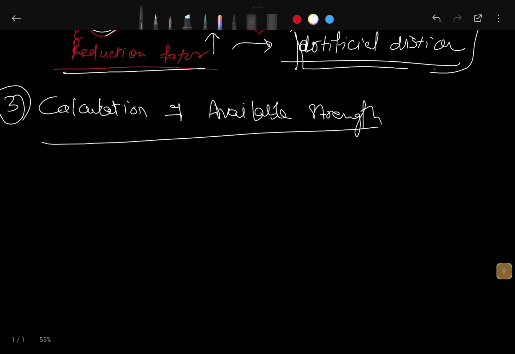For the direct analysis method design, the available strength of members and connections shall be calculated in accordance with the provisions of Chapter D. AISC 360 gives that the effective length for flexural buckling of all members shall be taken as the unbraced length unless a smaller value is justified by rational analysis.